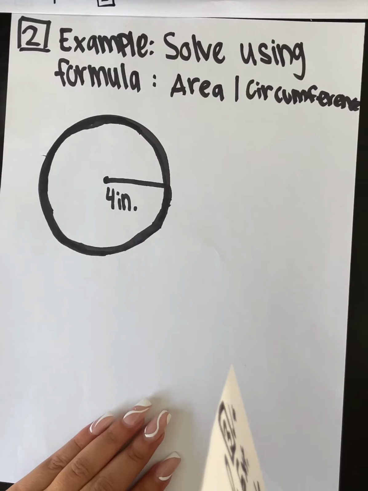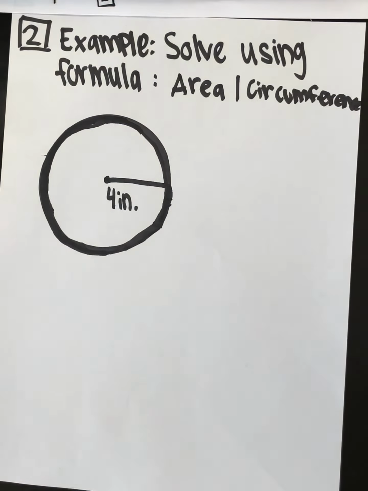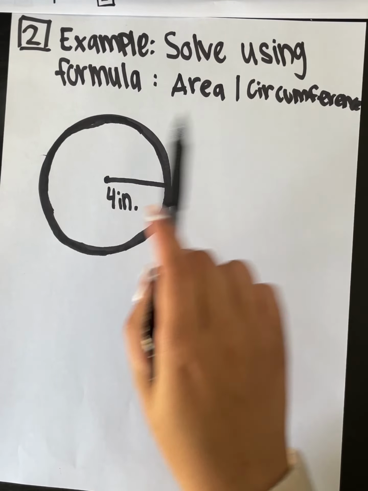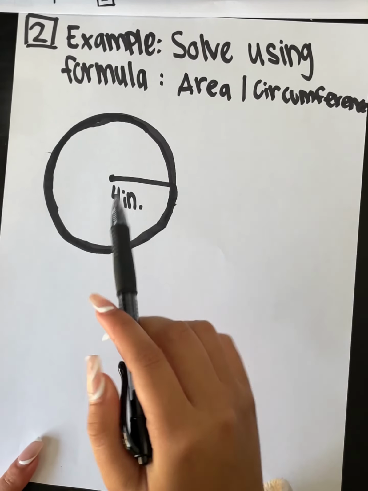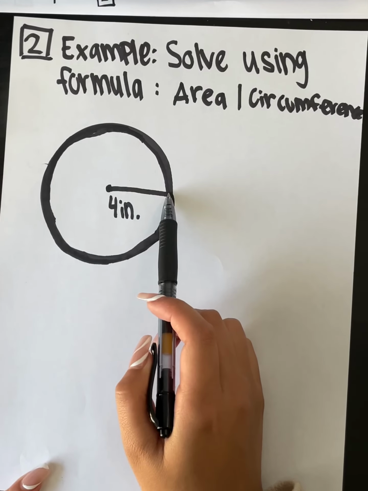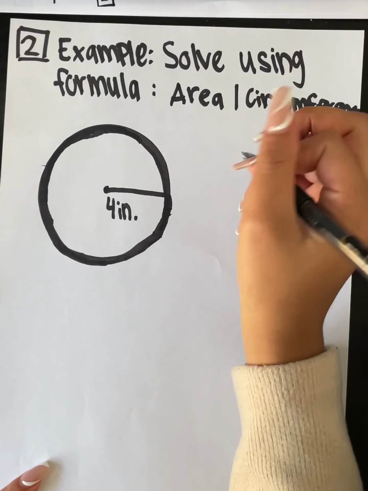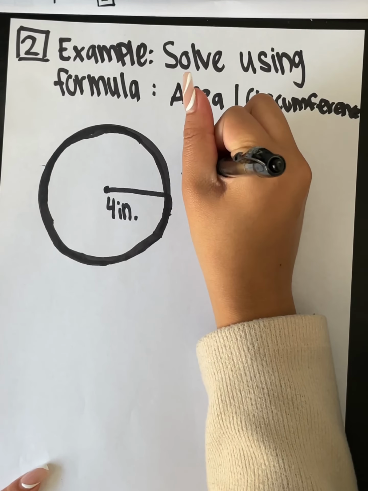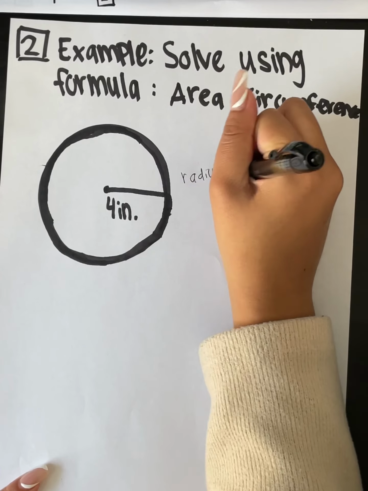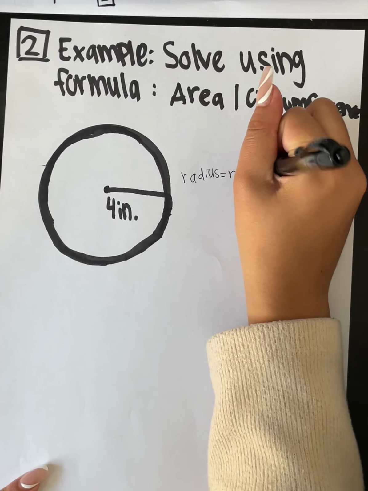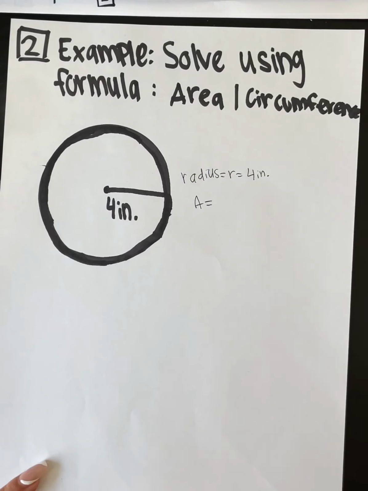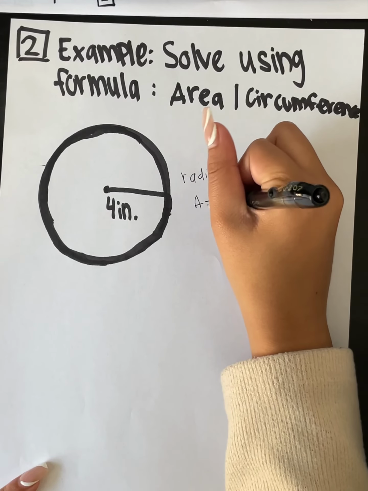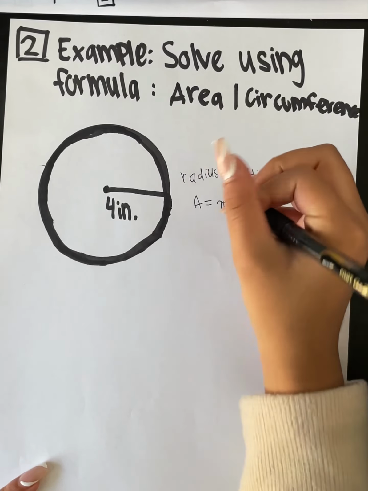So here's our first question. This is the example. Solve using the formulas, area and circumference. So right here, it goes from the center to the outer side, then that means this is the radius, right? So radius, abbreviated as r, is 4 inches. And remember, our formula for area is pi r squared.